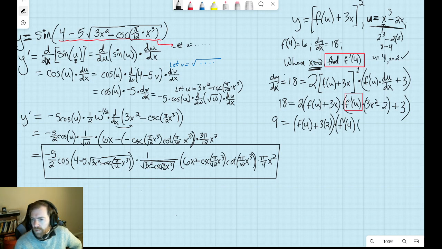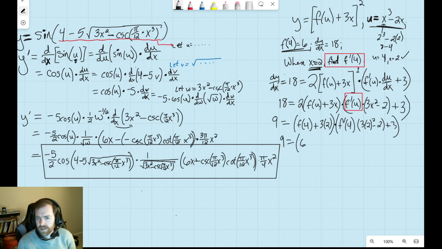All right, and then here, parentheses, this is 3 times 2 squared minus 2 plus 3. Okay, from above, we know that f of 4 is equal to 6.